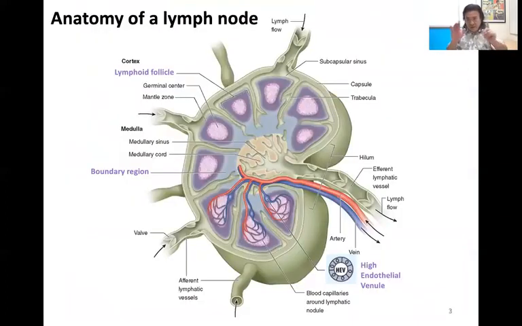All right. Let us revisit the anatomy of a lymph node. We've seen multiple simplified cartoons from the book of a lymph node, but this is a nice one that's a little bit more anatomically correct. Right, so remember, lymph nodes are a classic example of secondary lymphoid tissue. This is where lymphocytes go to actually do their job, where they go to activate.